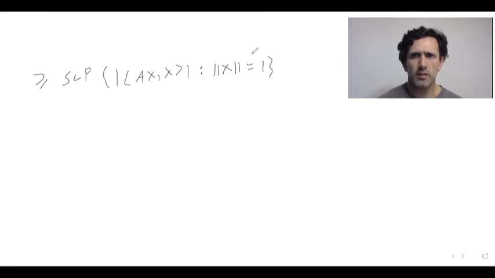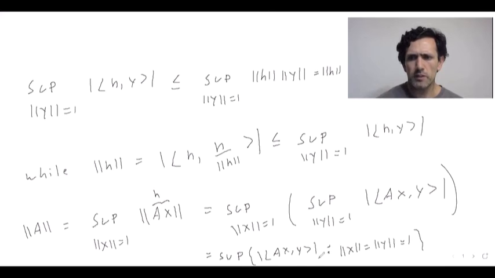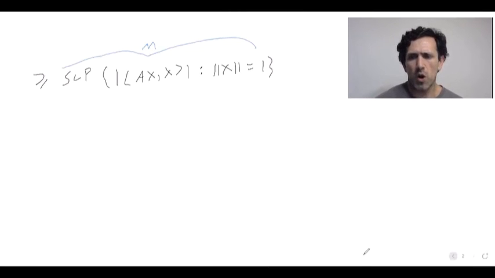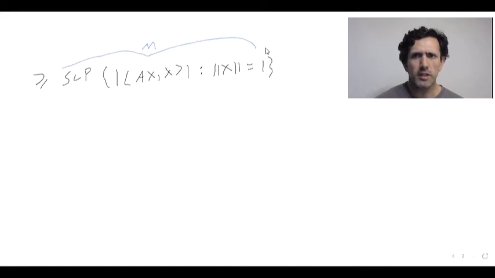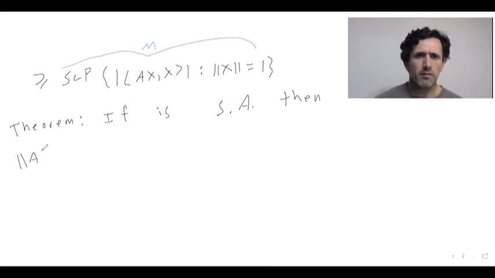Let's call this big M. On the surface, it should look like the supremum here is much bigger than M, because we're looking at all different X and Y with norm 1, and in general it is much bigger. But if A is self-adjoint and bounded, then in fact we have equality.